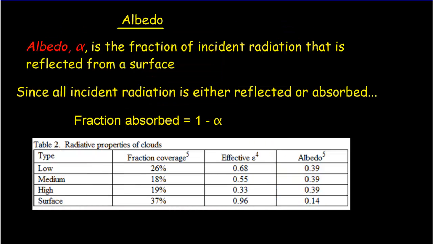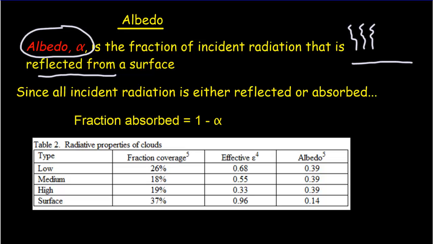A concept that's very closely related to emissivity is albedo. And albedo is just the fraction of the incident radiation that's reflected from a surface. So anytime we have some light or electromagnetic radiation coming onto a surface, some of it gets absorbed and some of it gets reflected. And we're just looking at what fraction gets reflected.